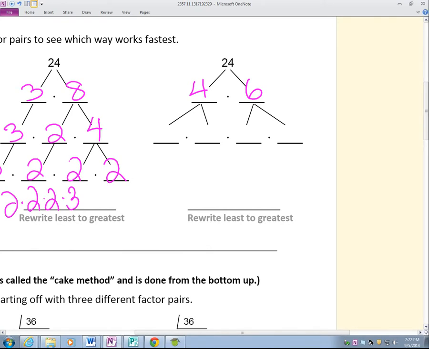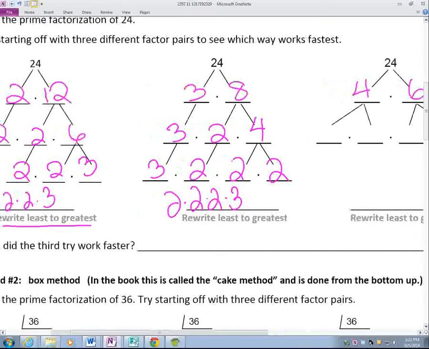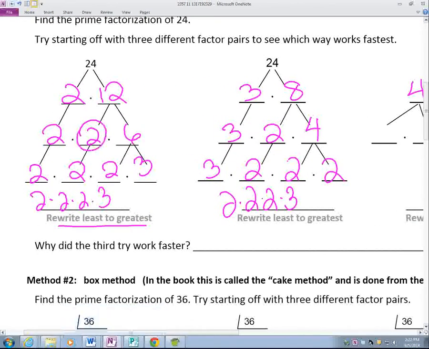Because if we would have done 3 right here, no. That was the one you wanted. Get out of there. Thank you. If we would have done 3 right here, then the 3 would have carried down, and that would have been 4 here, 2 and 2, so it still would have been the same. Okay.